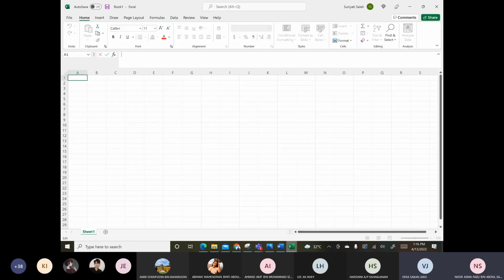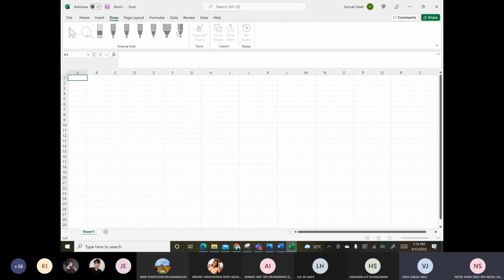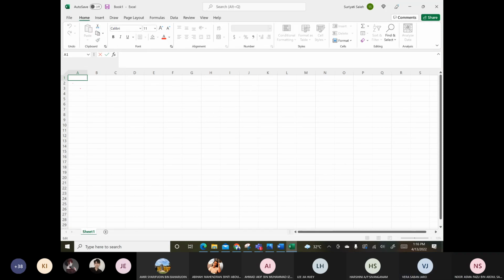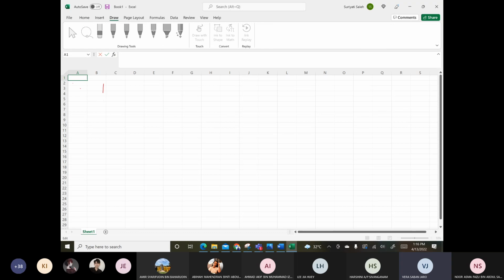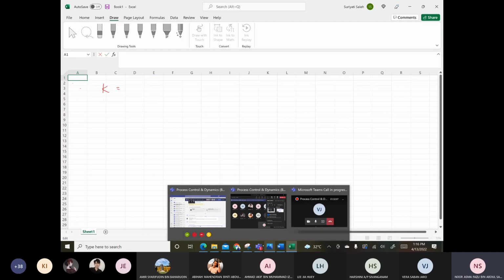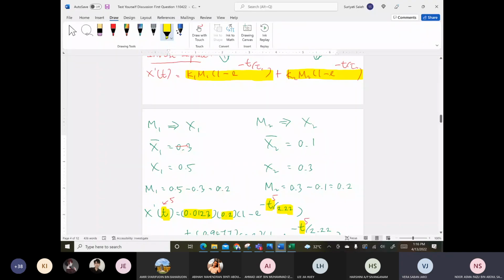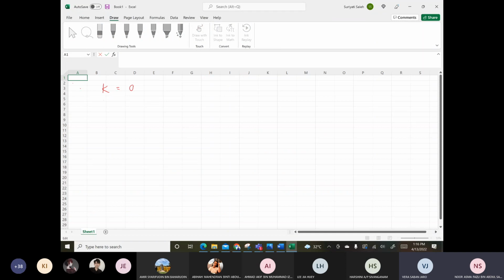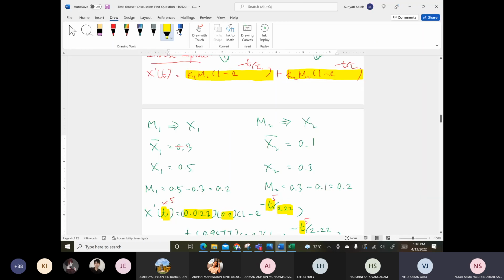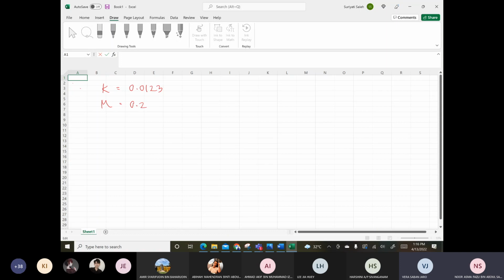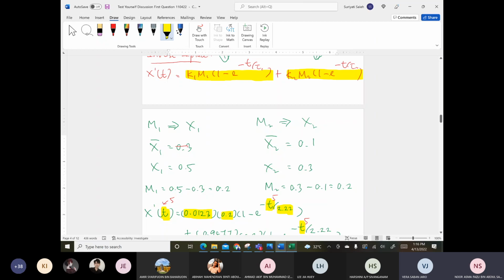So K equal to 0.0123, and the magnitude is equal to 0.2, and the tau equal to 2.22.